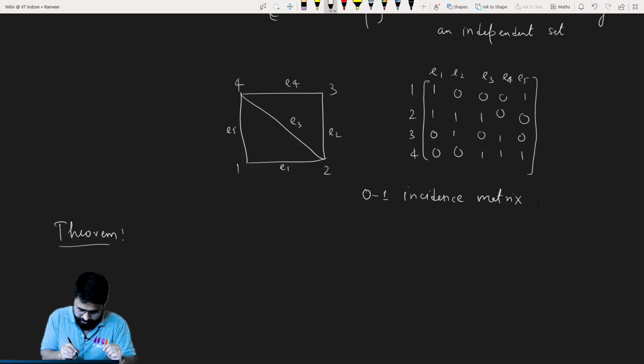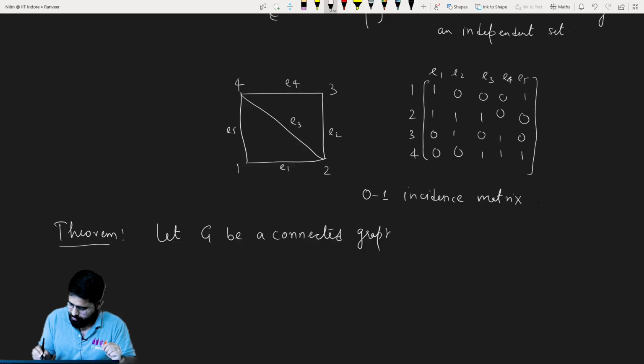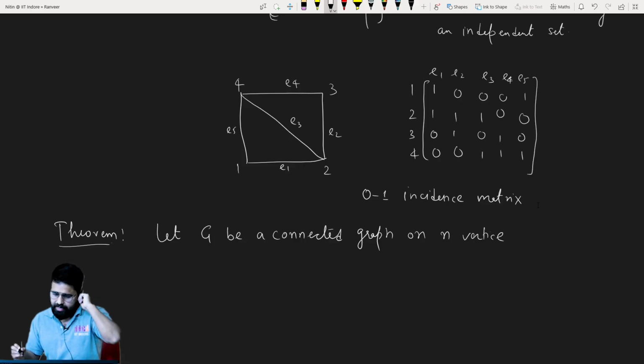Let G be a connected graph on n vertices, and let me denote this matrix by M.